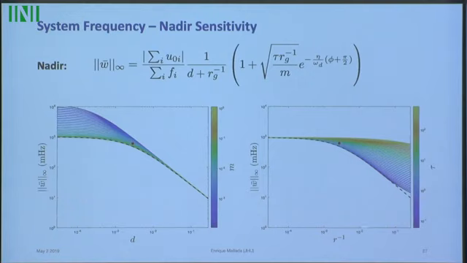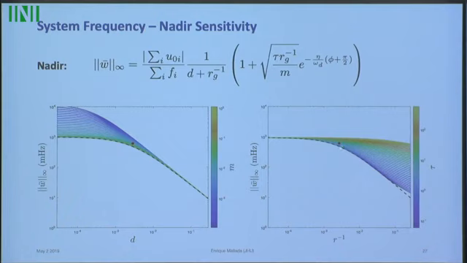When you look at the nadir in terms of the turbine droop or the turbine time constant, you see that for different time constants there's not necessarily a measured change, and it really depends on the amount of turbine that you put in.